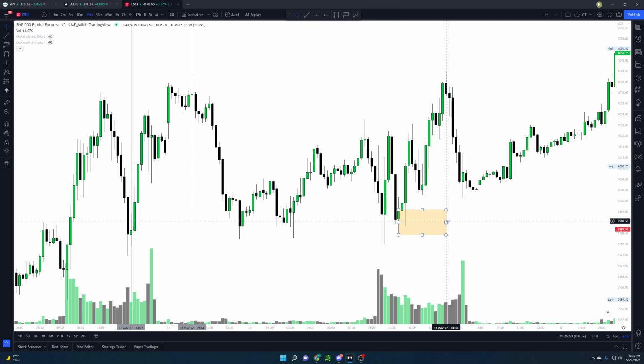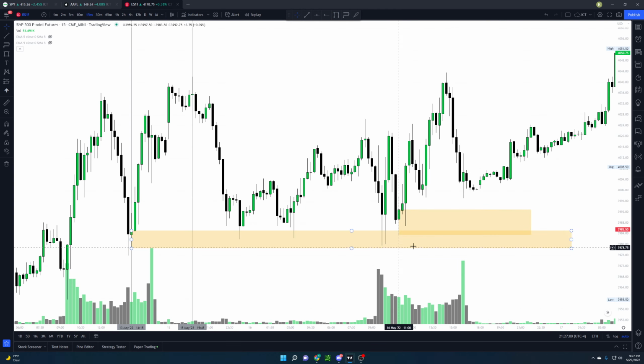This is a zone, but look, this zone here that I'm about to show you already has that in there. So this kind of overlaps this one. You don't want to have too much going on here. This is going to serve you no purpose. Look how big this zone is now. This is going to do you no good.